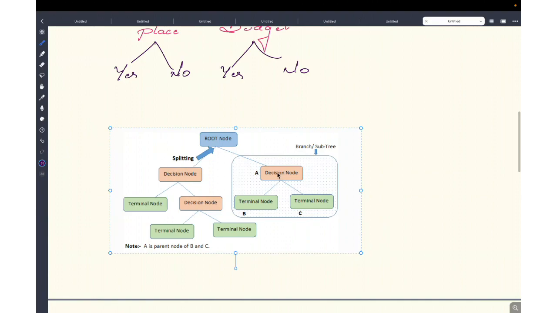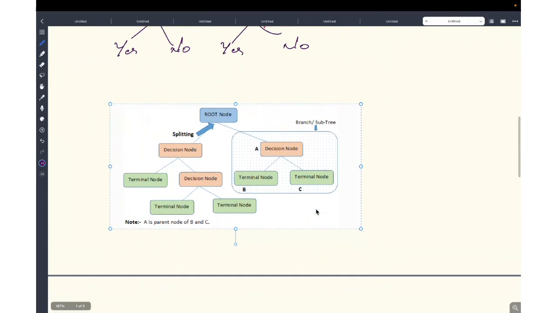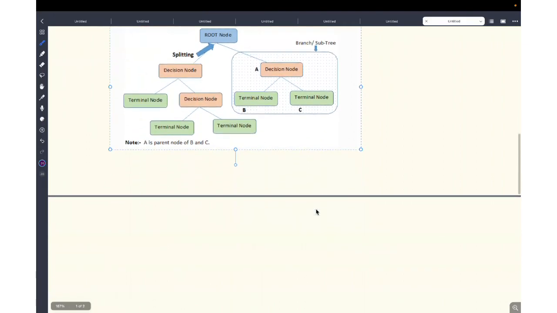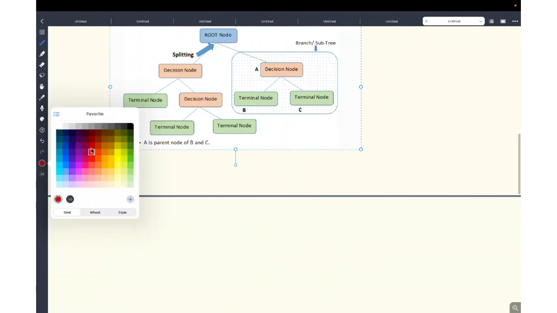Again, that decision node will split into a terminal node, or we call it a leaf node. So understanding terminologies plays a very important role. Very first thing, we'll understand what is root node. So in a tree, we know that root node plays a very important role, right? So what is root node?